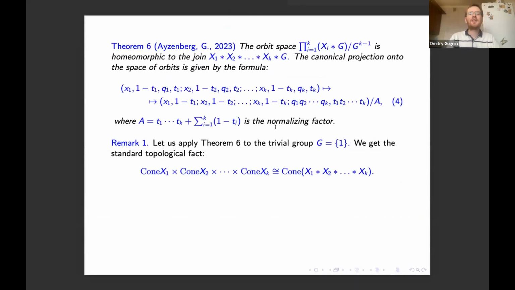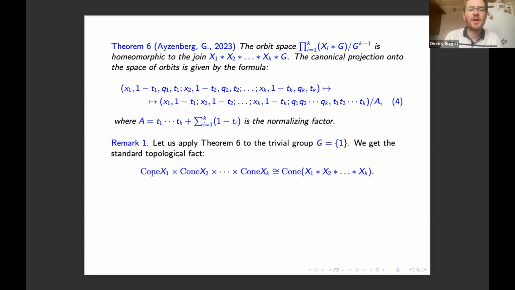And let us show some trivial but not very trivial corollary. Take G, just the trivial group. Then it's a point, and any join is a cone.